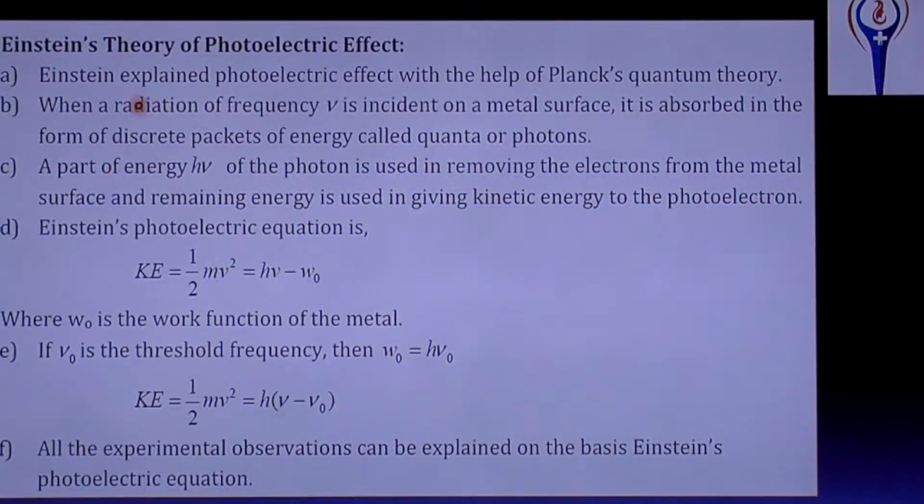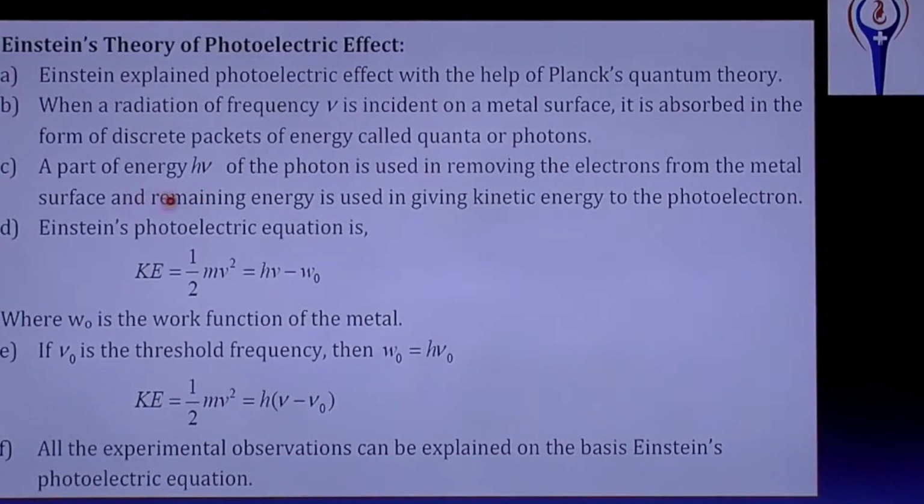Einstein's theory of photoelectric effect. Einstein explained photoelectric effect with the help of Planck's quantum theory. When a radiation of frequency nu is incident on a metal surface, it is absorbed in the form of discrete packets of energy called quanta or photons.